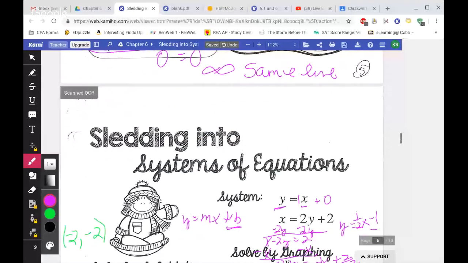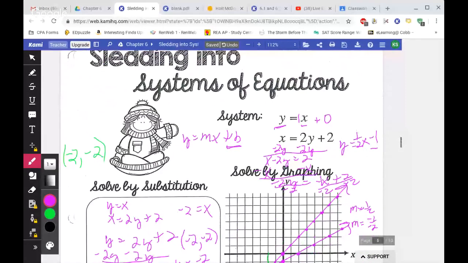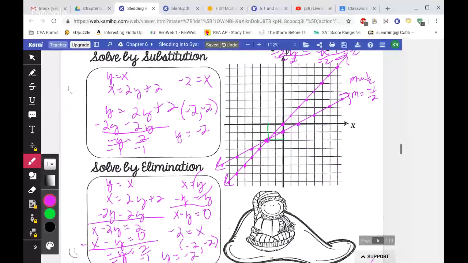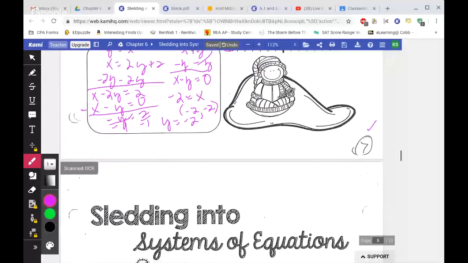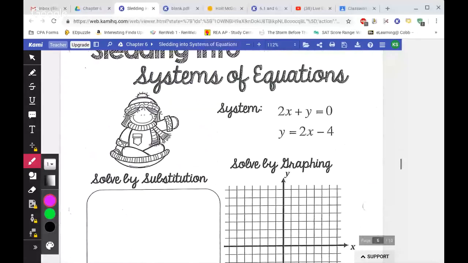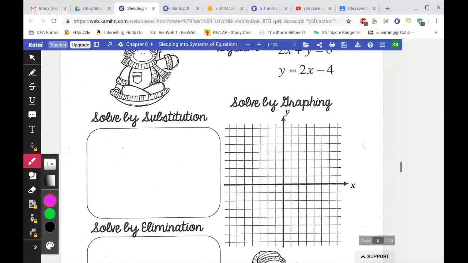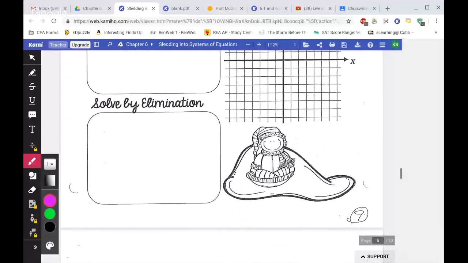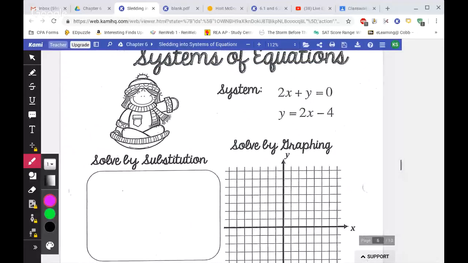Everybody get those? And I did the graphing on this one. I'm going to move on to the graphing on this one. This is page 6 of the packet, and it's labeled page 9.